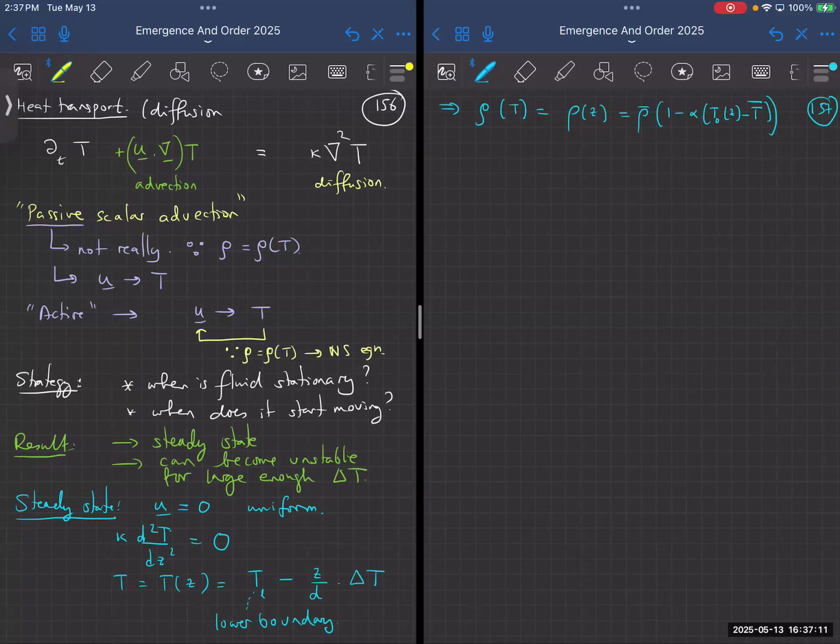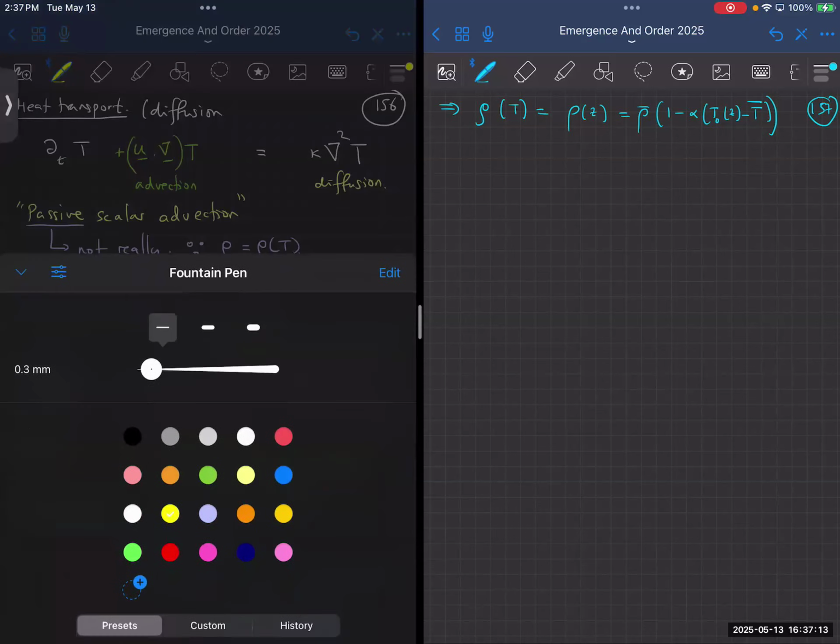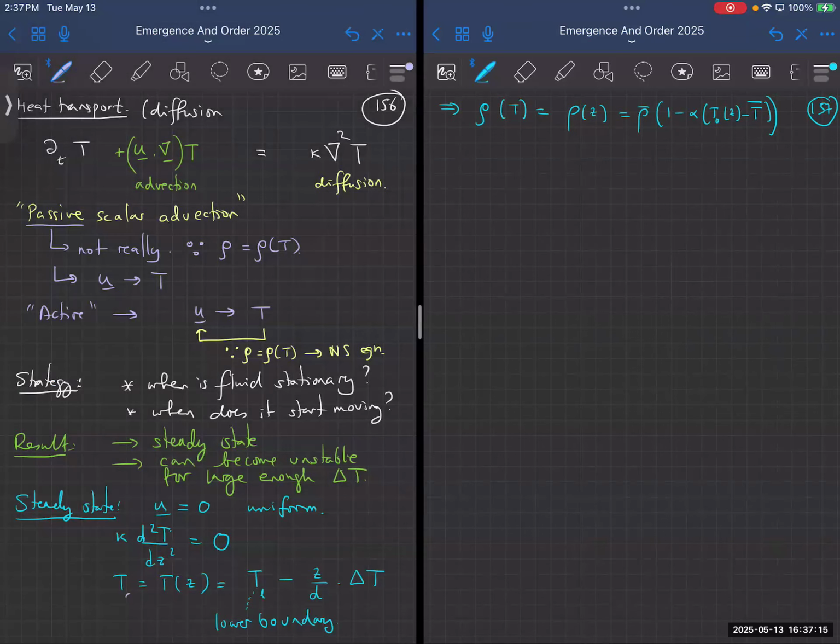So this T here I'm going to call T0. Okay, so that's how the density varies. It varies linearly with z as well.